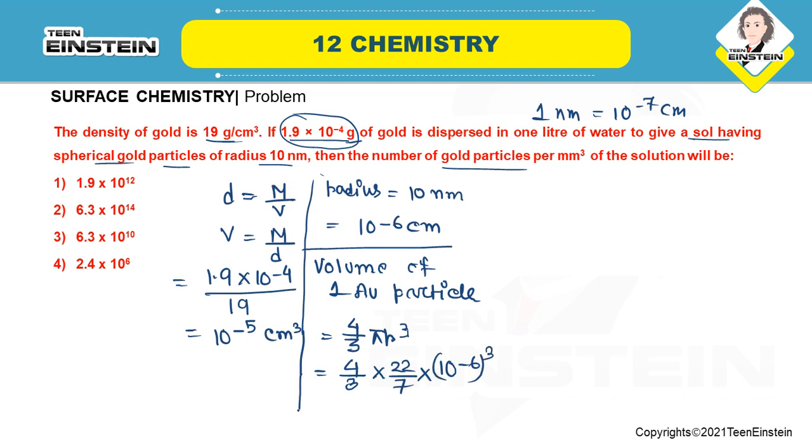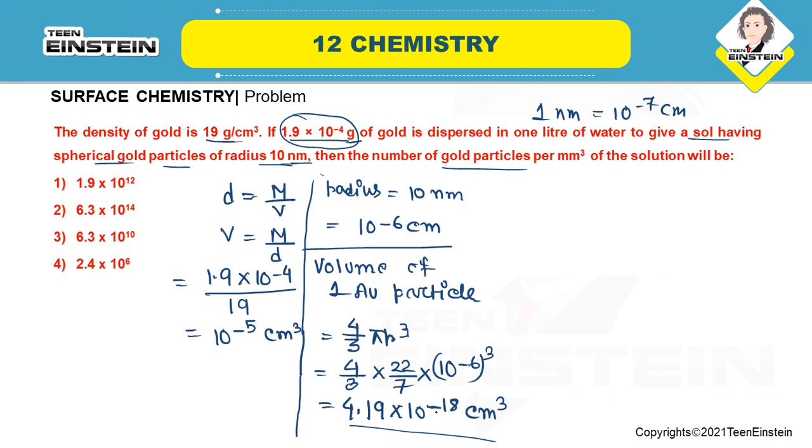So now the value we will get in centimeter cube unit. So for the spherical gold particle of radius 10 nanometer, the volume of 1 nanoparticle is like this.